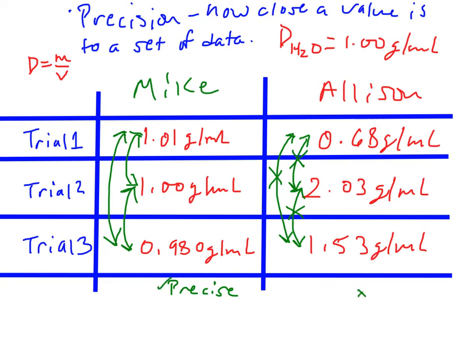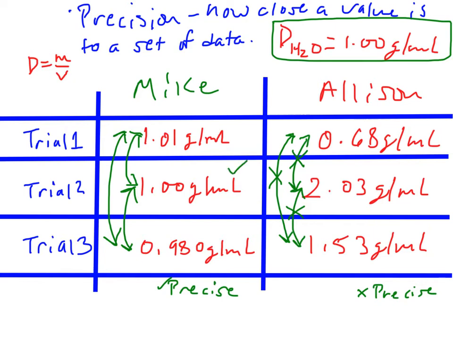Now let's look at the accuracy aspect of their data. Remember that the density of water, the accepted or true value, is 1 gram per milliliter. Now look at Mike's data. It is all very close to 1. In fact, this one is right on it. That one is accurate up to the 10th place, and it only faltered in the 100th place, so that's really close.